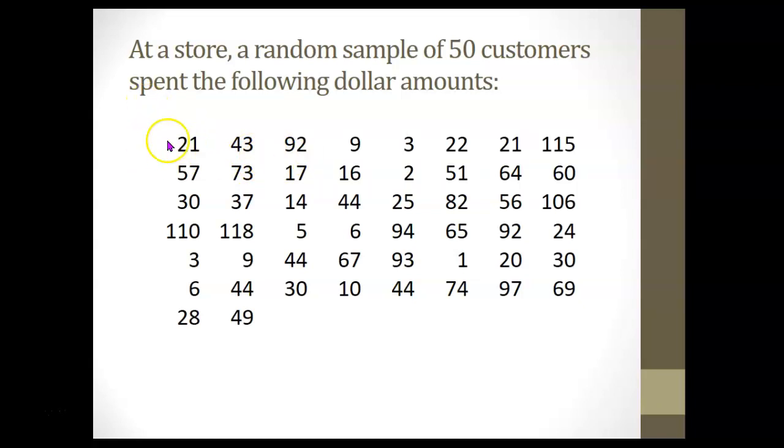There's a better way of doing it when we have a whole bunch of numerical data like this, and that is to make a grouped frequency distribution. So I'm going to stop this video right here and come back in part 2 and talk about how you would construct a grouped frequency distribution.